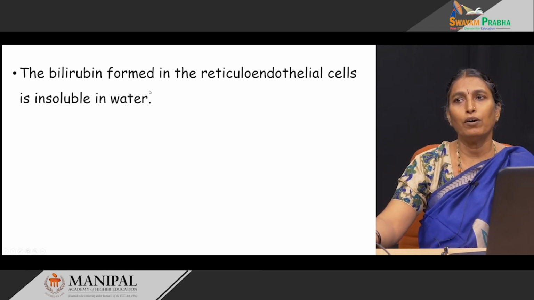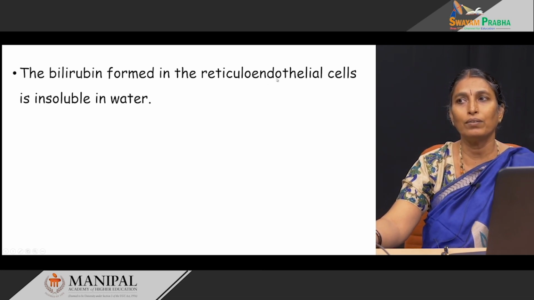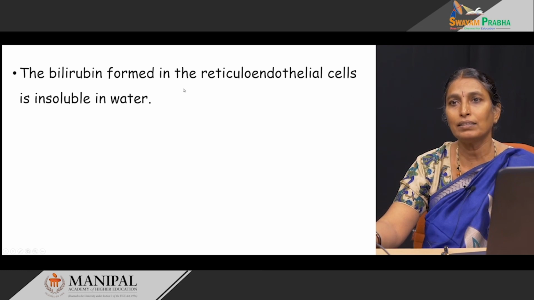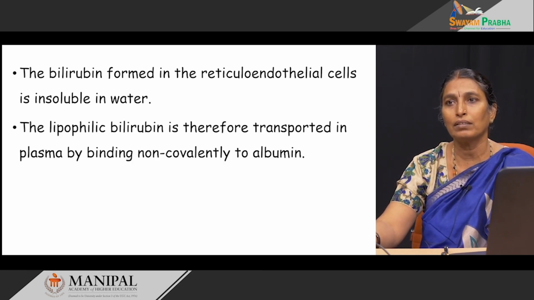This bilirubin formed in the reticuloendothelial cells is insoluble in water. So, in these reticuloendothelial cells, in the sense macrophages, bilirubin is formed and this is a water insoluble compound, so it is toxic.